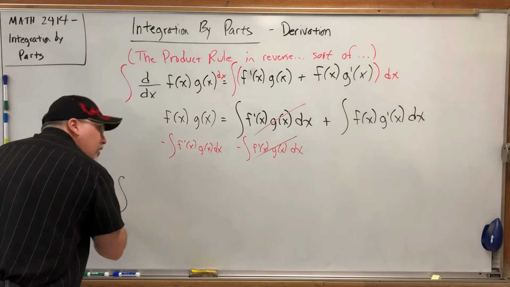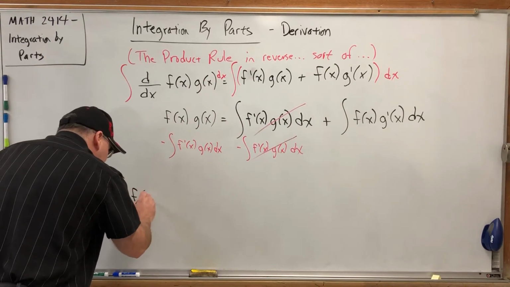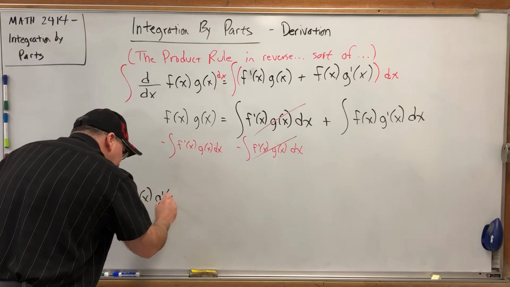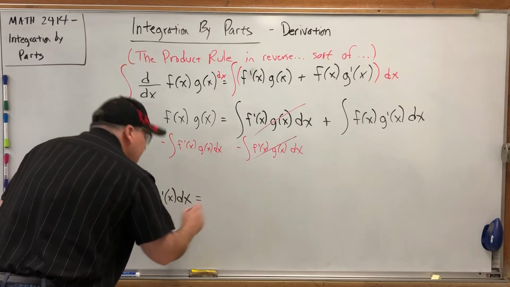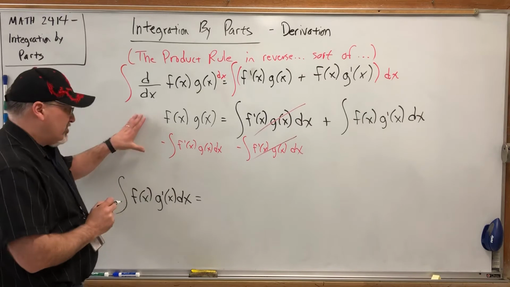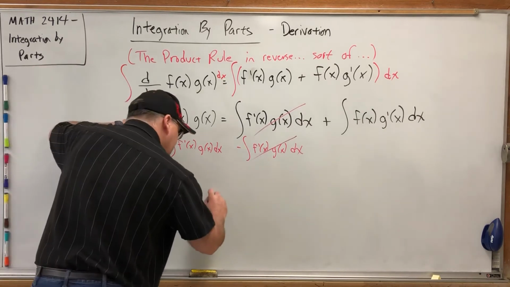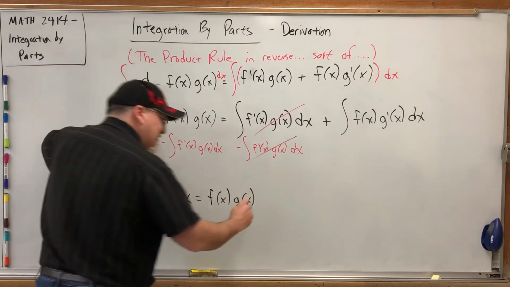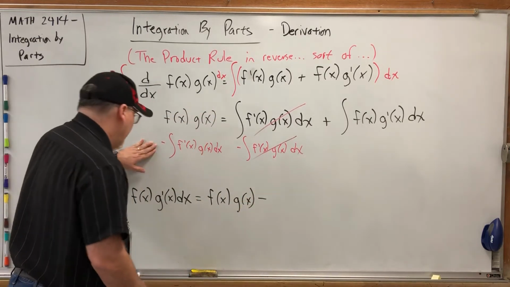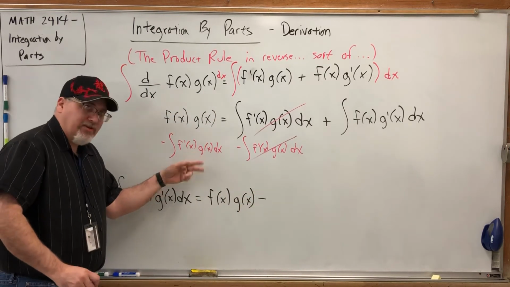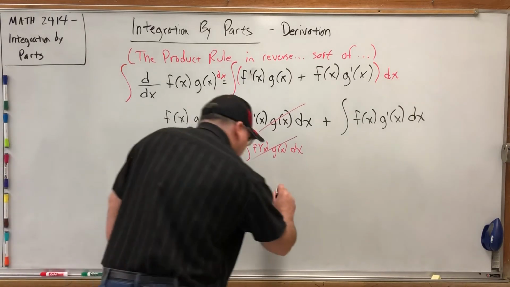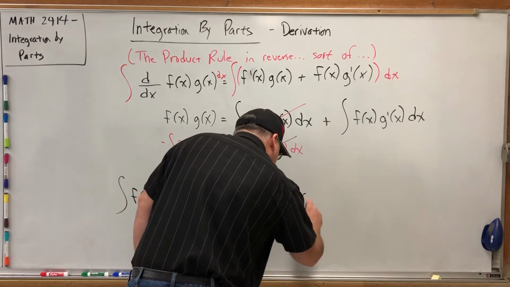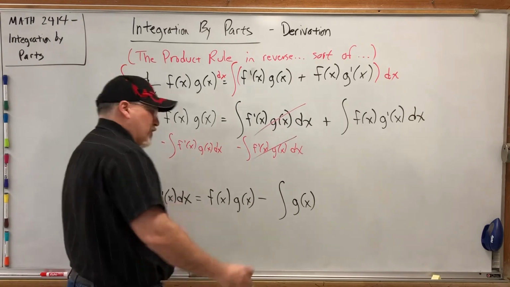The integral of f of x, g prime of x dx is equal to, and then on this side we have the product of f of x and g of x minus the integral, and I'm going to reverse the order of this product. I'm going to write the g of x first. It really doesn't matter. And then the f prime of x second.